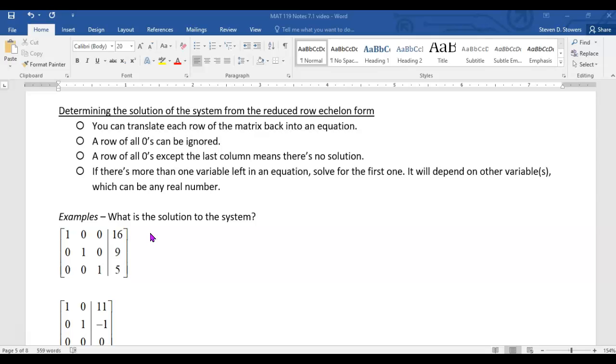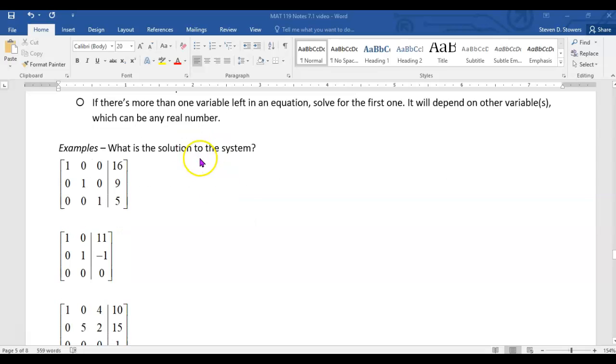It means there are multiple solutions, but there's usually some pattern that they all have to follow. So to see what the solution set looks like, solve the equation for that first variable. It'll depend on some other variable, and then that other variable could be any real number. So we will see an example or two of that, and hopefully it'll become clearer once you see how that works in an actual example.